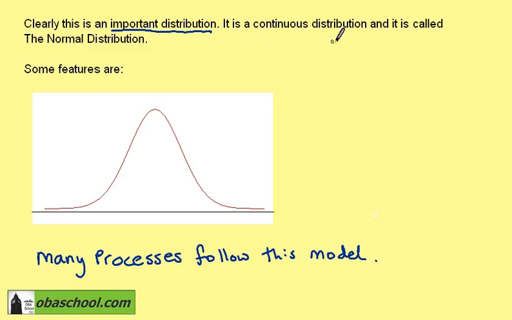It is a continuous distribution, which means that the types of data it handles are height, weight, and time. In other words, continuous variables. It is called the normal distribution.